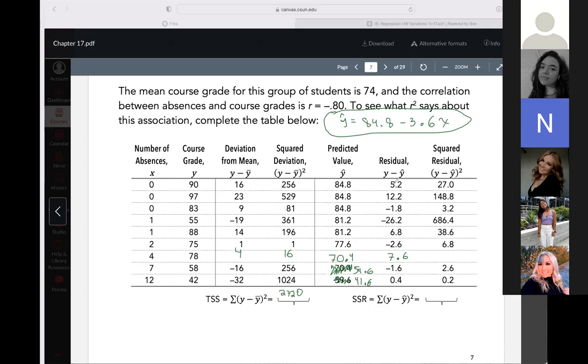Because then we take these numbers and we square them. 5.2 squared, for example, 12.2 squared, negative 1.8 squared, 26.2 squared, 6.8 squared, 2.6 squared, 7.6 squared is how much? 57.76. All right, so I'm just going to do 57.8 like them. Even though on my calculator I'm going to keep it, 1.6 squared and 0.4 squared.